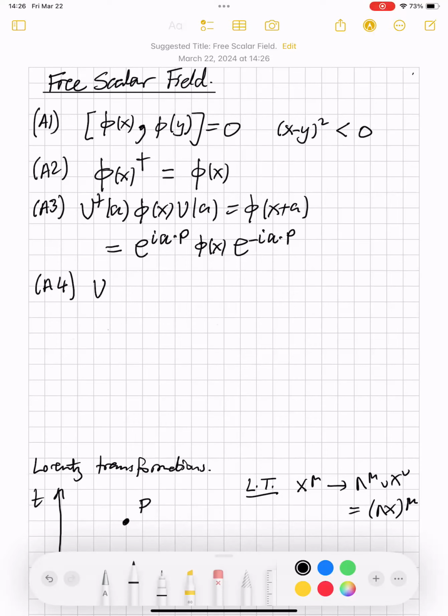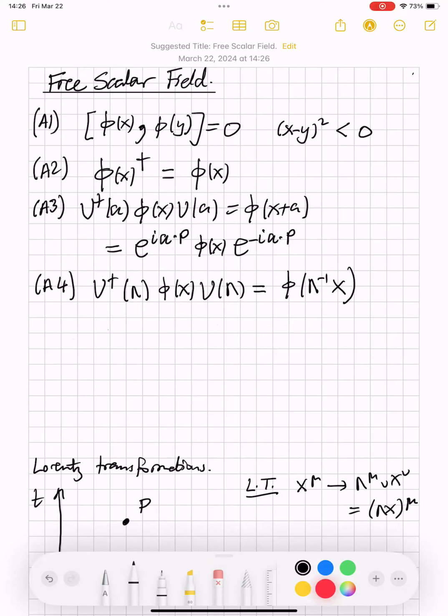This is that U dagger of lambda phi of x U of lambda is equal to phi of lambda minus 1 of x. Okay, I've just changed the name x to y. That's no problem to do that.